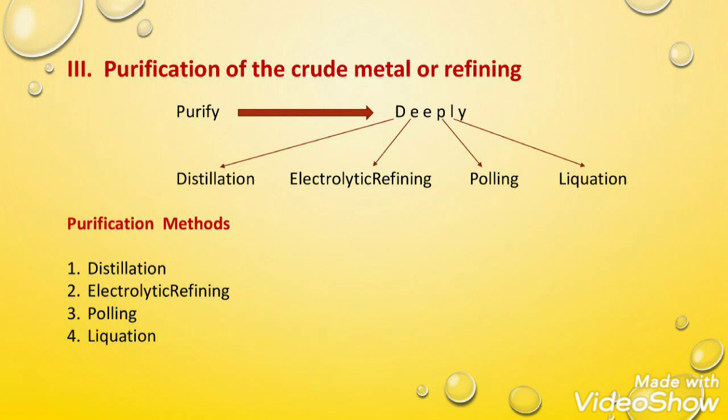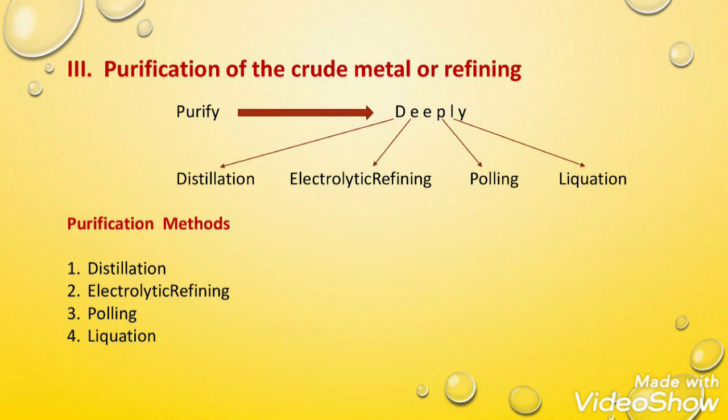Third stage is purification of the crude metal, or refining. What are the purification methods in R? There are 4 main methods used in purification. We can learn by the word purify deeply.